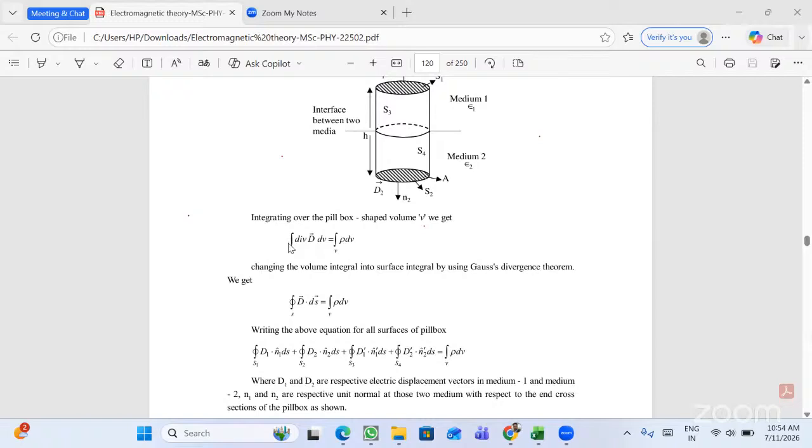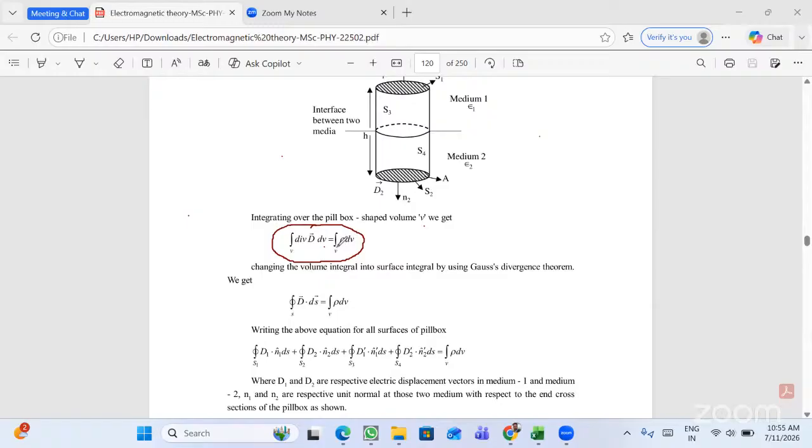That is why we have written the divergence integral with dV. We integrate on both LHS and RHS. Here we have rho; previously it was written as V or P, but it is rho. You have to change it.